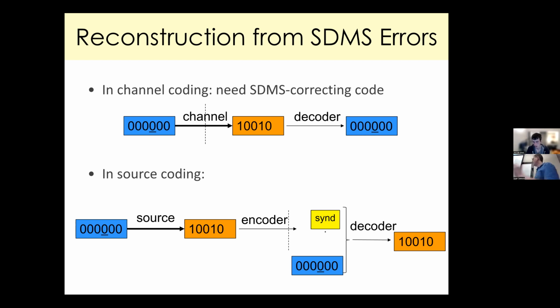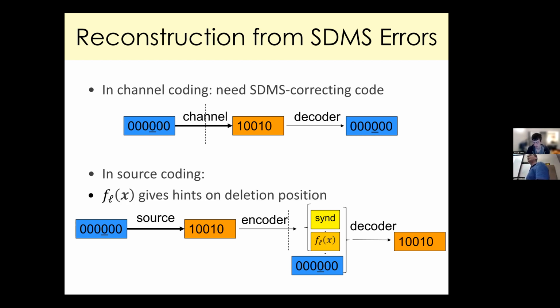But remember, we have this special help, this read identifier. Remember this sample of bits. Together, the decoder also sees that as part of the code word. And the key is that the read identifier gives us some hints about where the deletion happens.